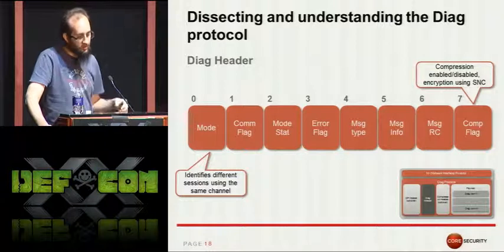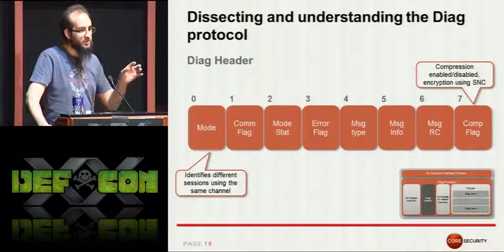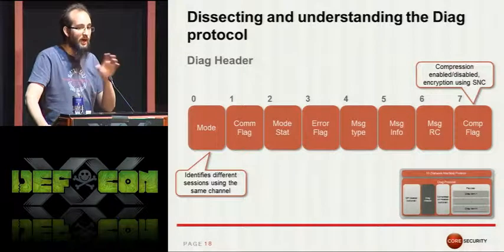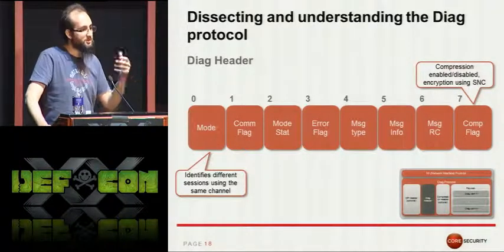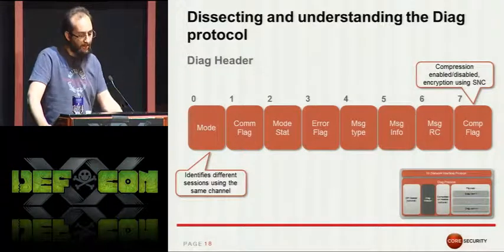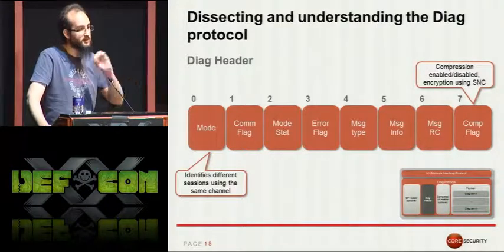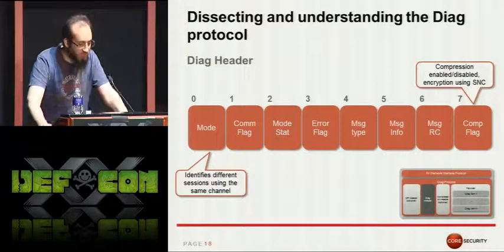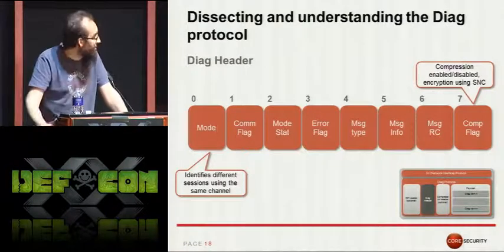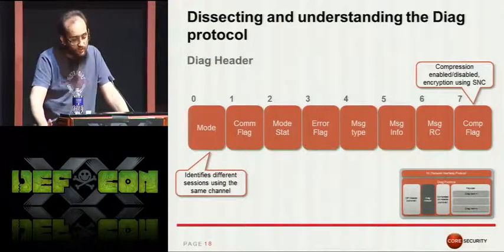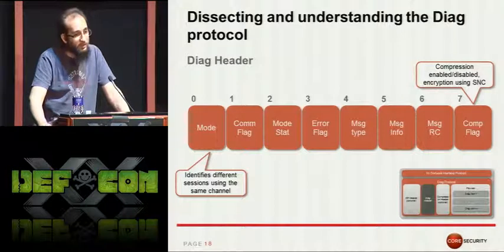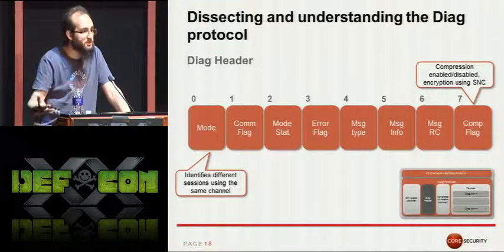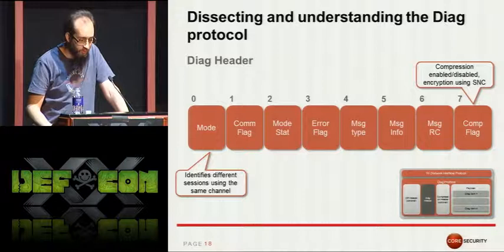So you can, for example, have two different SAP GUI clients running different transactions, business transactions or programs in SAP, and this field identifies each one. The remaining relevant field is the compression flag, which is set to a different value when the compression is enabled or disabled, and when encryption is being used with SNC.